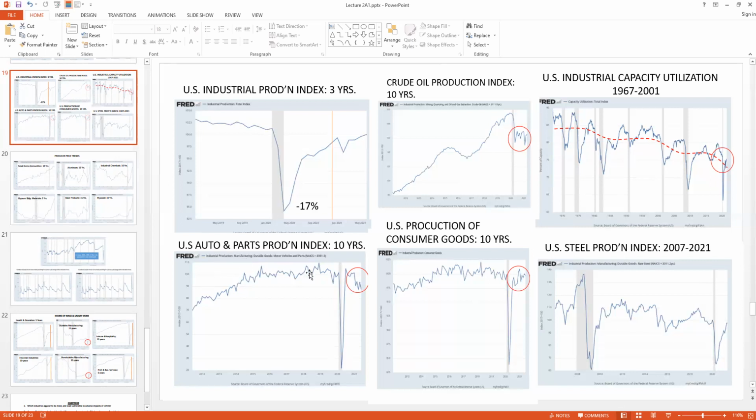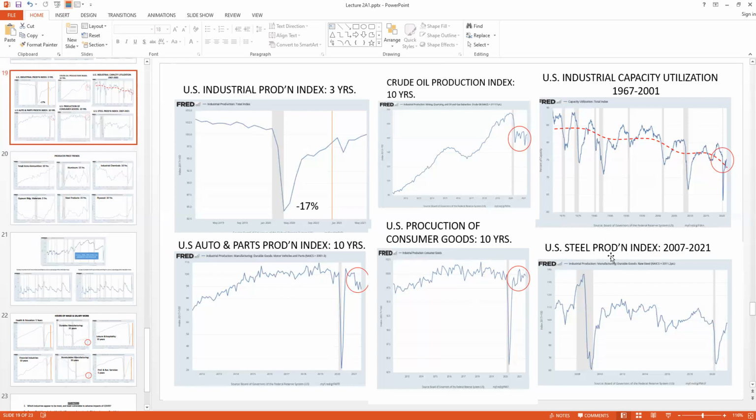Auto production and parts production dropped sharply, as we know, came back up, and then has been declining again. And again, one of the problems is the availability of components. Consumer goods generally have fared better. Instead of declining, they've increased.